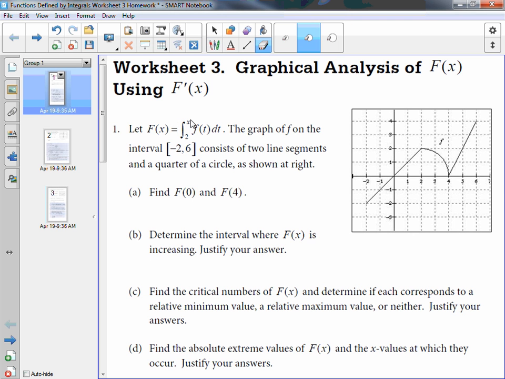So, let's do that. F of 0. So if there's a 0 right there, we'll have the integral from 2 and then going backwards to 0, and we'll have to put a negative in front of it, make it the integral from 0 to 2, and then find the area of that triangle. Does that seem like the right way to approach it? Good, because it's the right way to approach it.